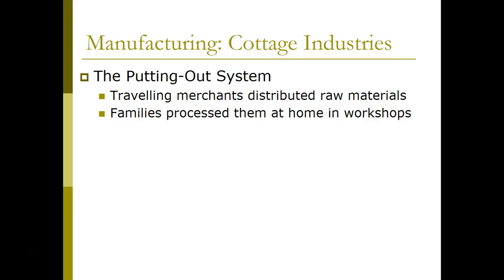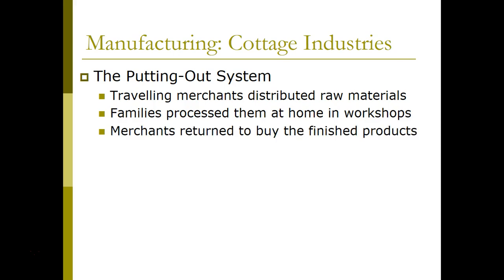Then as I make my rounds, going around to different communities, eventually I'm going to come back, and the raw cotton that I sold to this family has now been transformed into thread. So now I'm going to buy that thread back, obviously at a marked up price, because the person that turned the cotton into thread is going to get a profit off it.